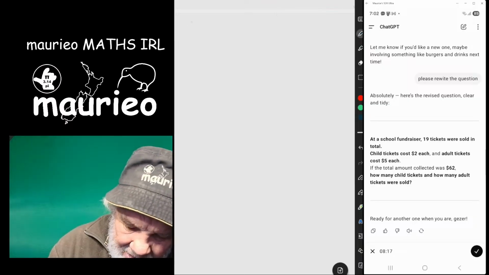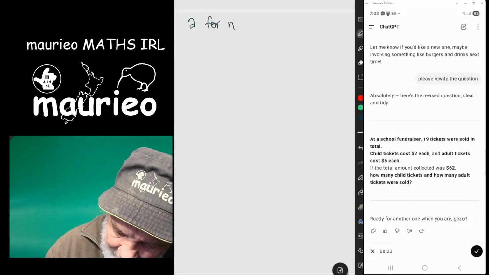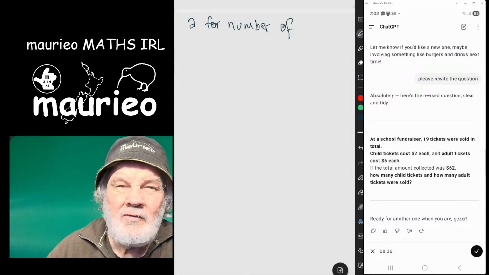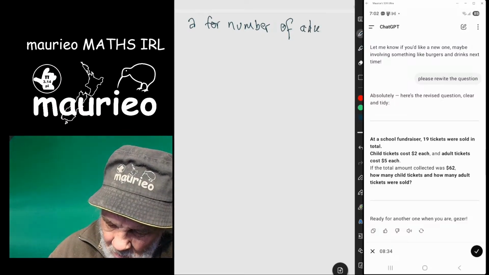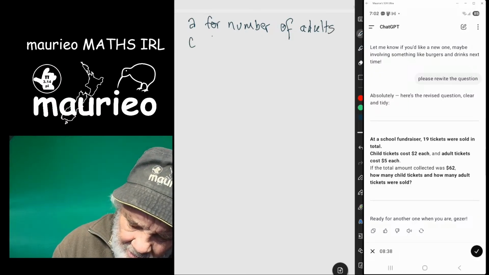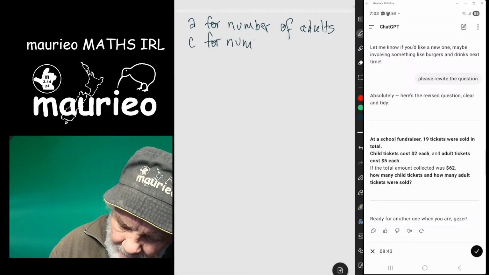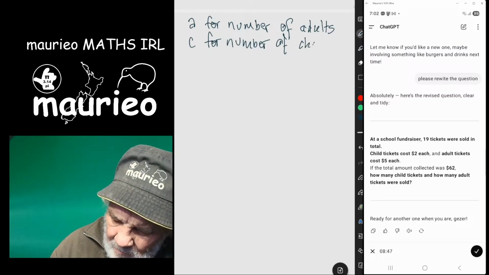Let's say A is the number of adults, and C would be the number of children.